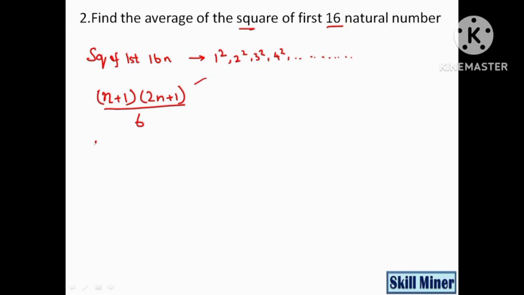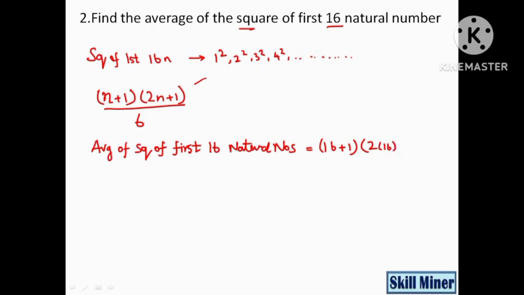So average of square of first 16 natural numbers will be n plus 1 will be 16 plus 1, 2n plus 1 will be 2 into 16 plus 1 divided by 6.